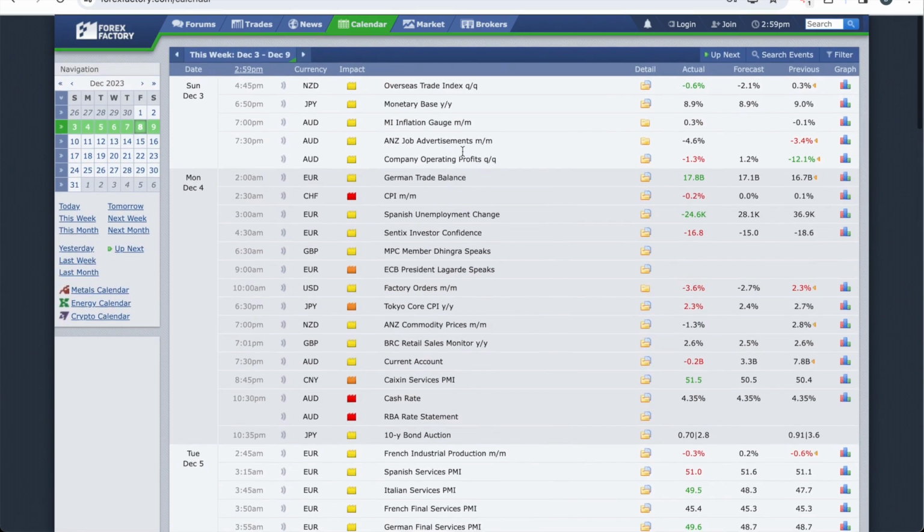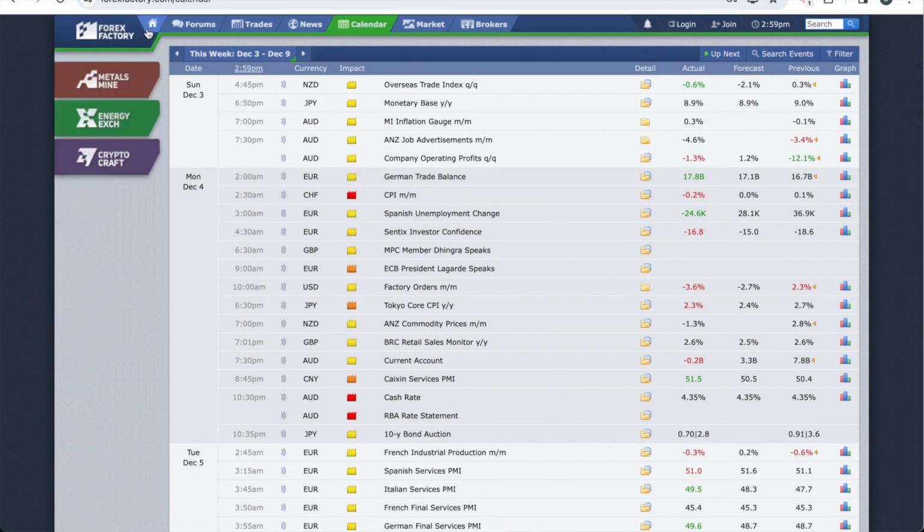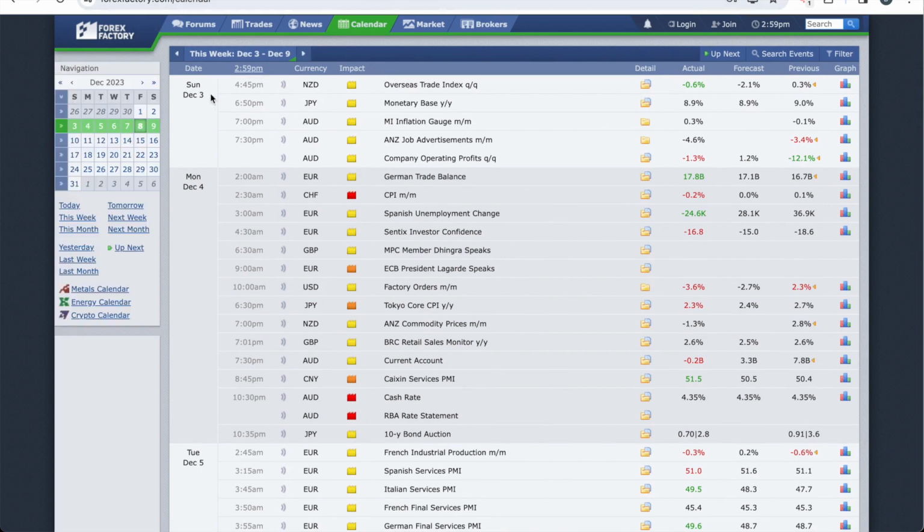So the way I look at this essentially is I go on forexfactory.com, and then right here on your left hand side, you can see the dates and the days: Sunday, December 3rd, Monday, December 4th, right? And what you want to be doing is looking here at these folders.